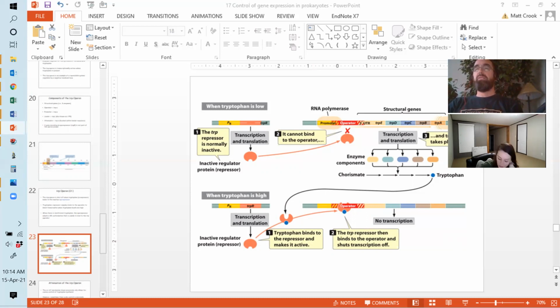Right, and that something else is tryptophan. And so that is its co-repressor. So only when tryptophan is present is that TrpR protein able to bind to the trp operator.